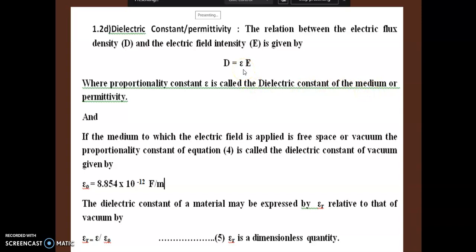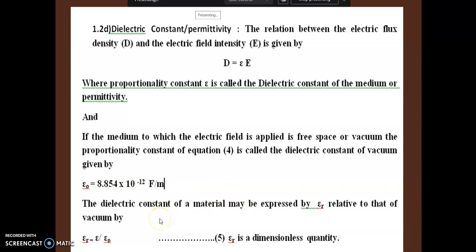So epsilon is constant, and that is the permittivity of the medium. If the medium to which the electric field is applied is free space, vacuum, you know the value of epsilon 0. Epsilon 0 for free space is 8.854 into 10 raised to minus 12 farad per meter.